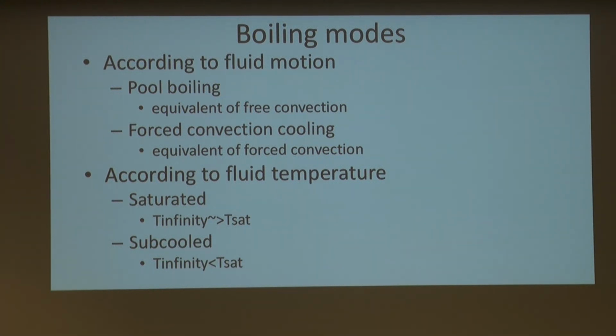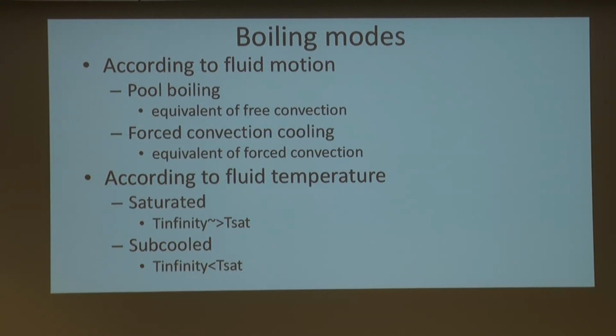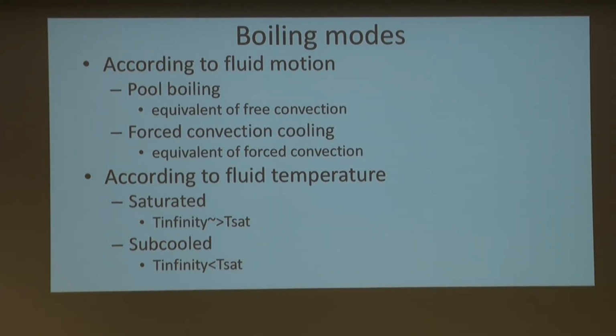Now, the other type is called subcooled boiling, when you have a really hot bottom, but the top can be cold. For example, if you put something really, really hot inside a pot of water, but the water was at room temperature, there is going to be boiling around it. You can heat up a bolt and nut until they're red hot and toss them there, and there is going to be boiling around them.